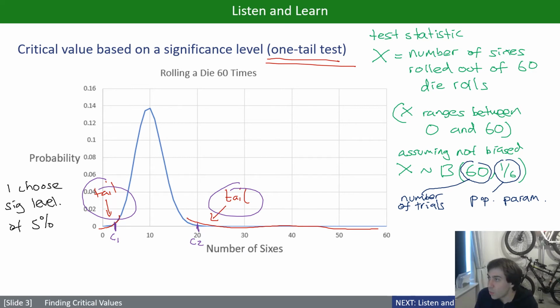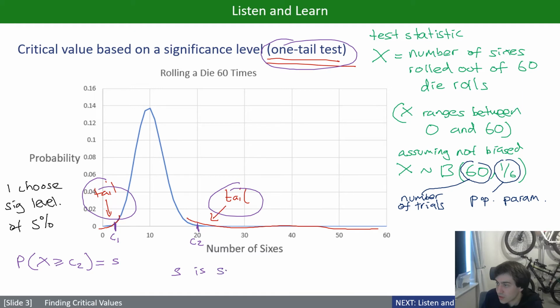And if it's a one-tail test, then C2 is defined as follows. Let's call it S, where S is the significance level.